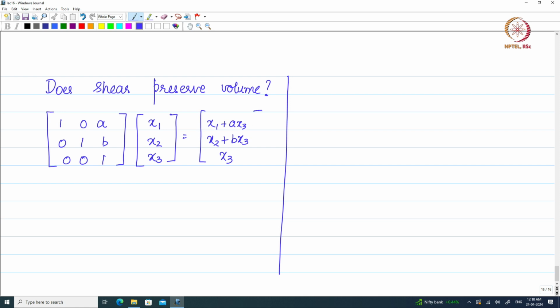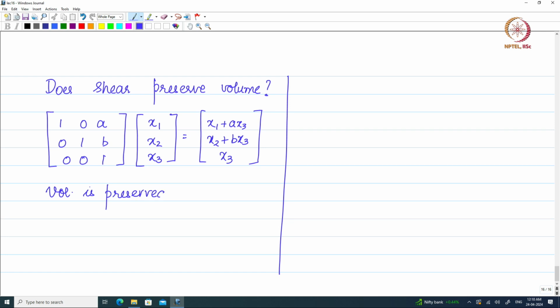This is what we are going to have. Suppose you look at the transformation of a unit cube from here, you will see that the volume is preserved. So the volume is preserved by shears.